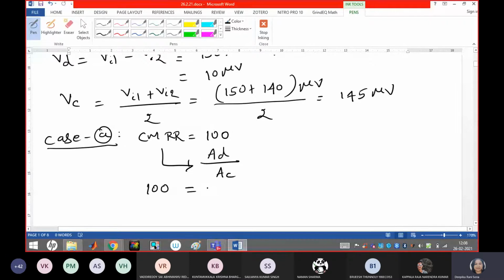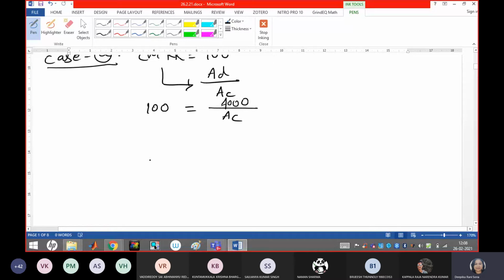So AD is given in the question guys. Just have a look at your question. The differential gain is nothing but 4000, so 4000 by AC equals 100. So what should be the value of AC from here? AC can be written as 4000 by 100.